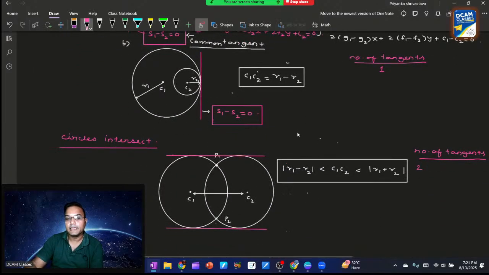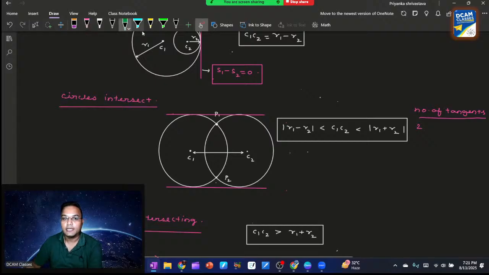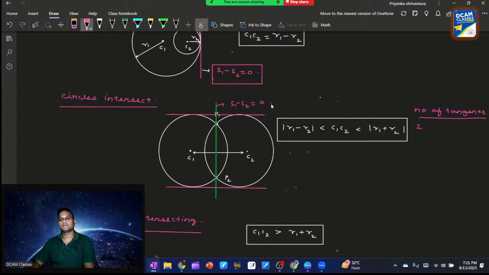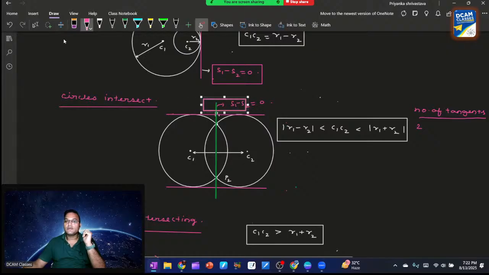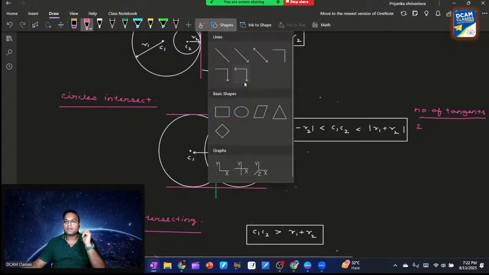But in this particular case, when the circles are intersecting, this S1 minus S2 gives the line, the chord common to each other. This green chord, which is a chord to one circle and a chord to the other circle, its equation is given by S1 minus S2 is equal to 0.